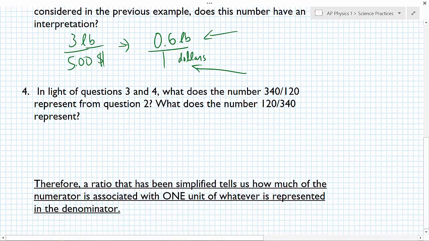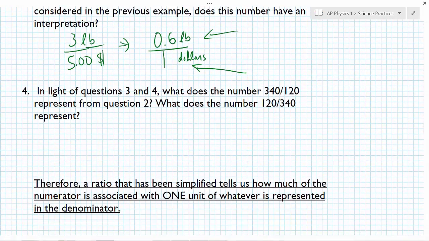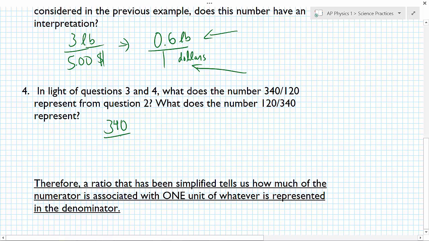So let's go back to our density example and look at those two ratios. 340 divided by 120. I'm going to put my units on there so I know what I'm talking about. And I'm going to also do this the reverse direction. When I divide those out, we're going to get two different numbers.